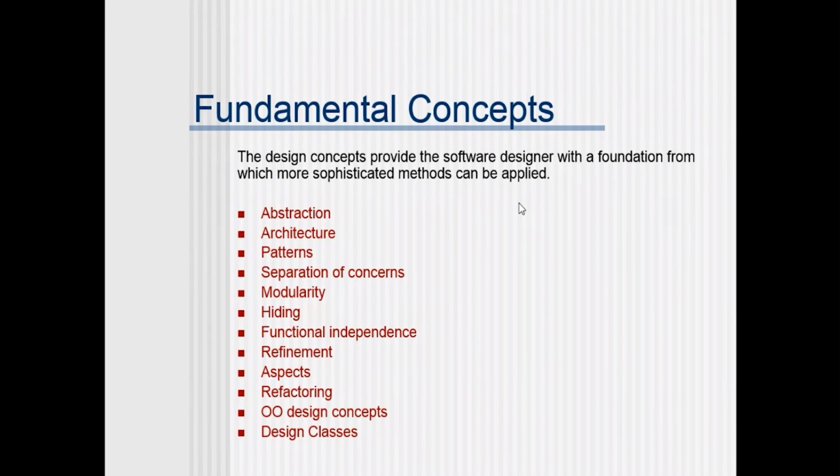Then comes the aspects. It is a mechanism for understanding how global requirements affect design. For example, say there are two requirements, requirement A and requirement B. It may be possible that requirement B is only satisfiable if we take requirement A into account.